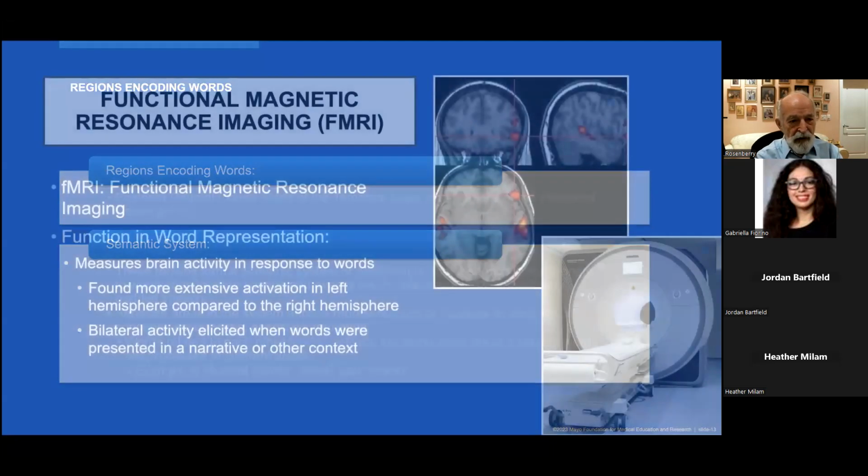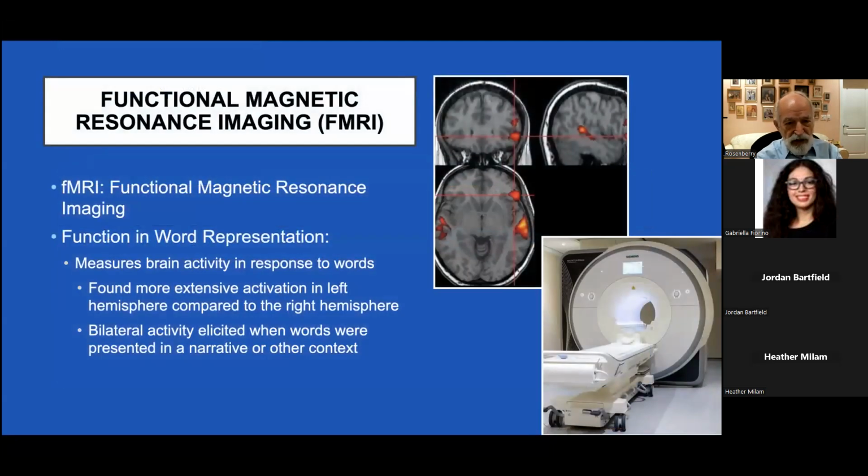Okay. Functional magnetic imaging, fMRI, is a way that you can see the activity of neurons when they're still in situ and in living patients.